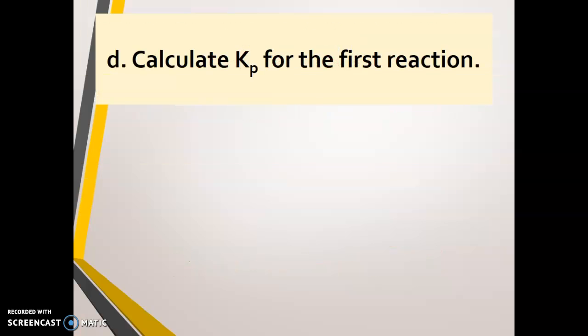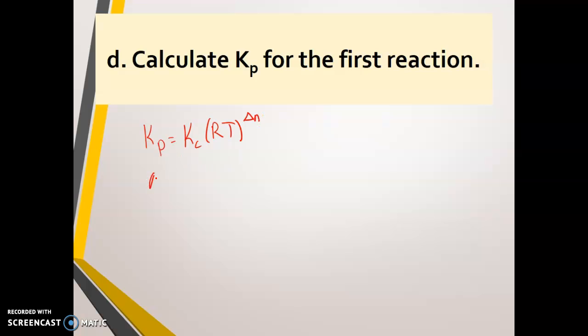And then our last example with this same equation, we're looking for Kp of the first reaction. We aren't given any pressures in this problem, so we're going to use the equation Kp is equal to Kc times the gas constant times our temperature in Kelvin raised to the power of our change in moles.